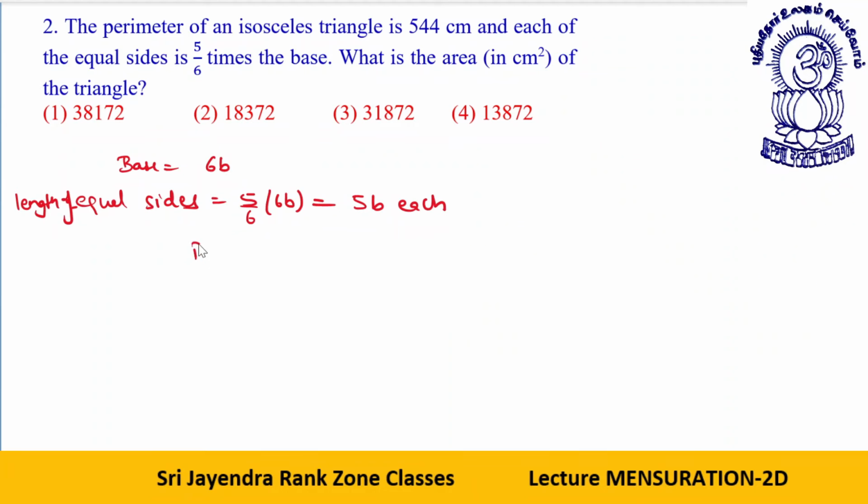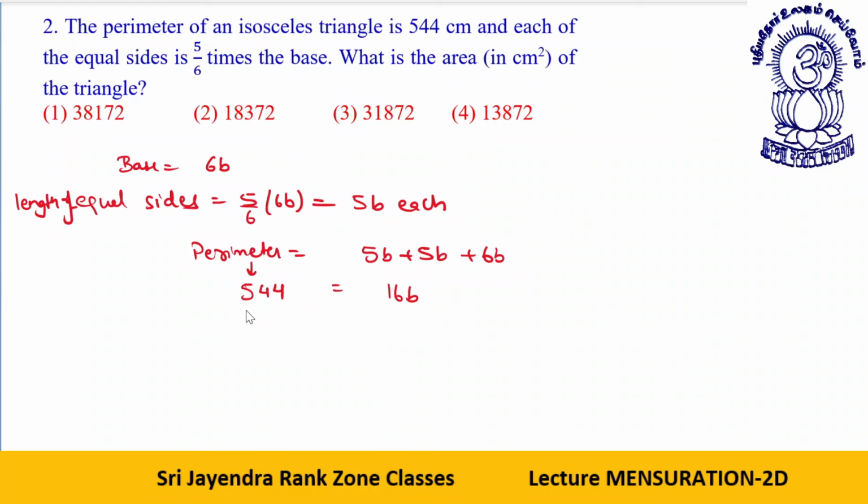So what is the perimeter, dear students? Now the perimeter is 5b plus 5b plus 6b. So that gives me 16b. But the perimeter is given to us as 544.